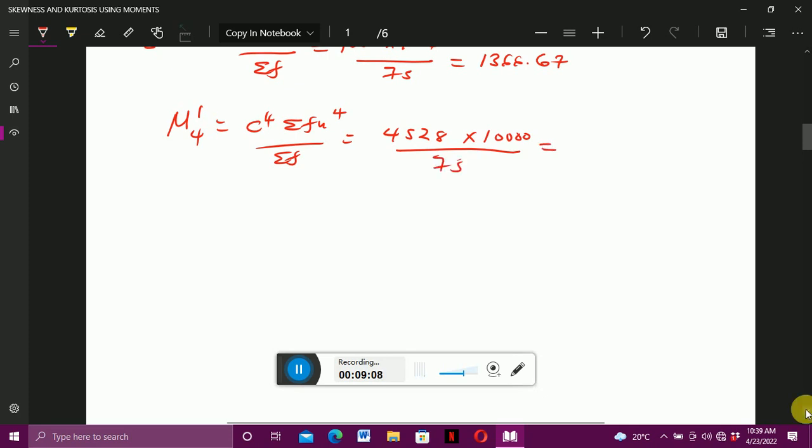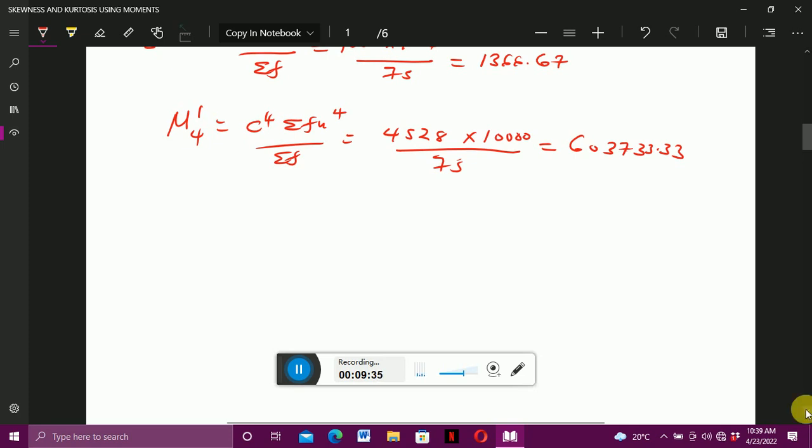When we work out that, we get 603.733 as the fourth moment about a point.